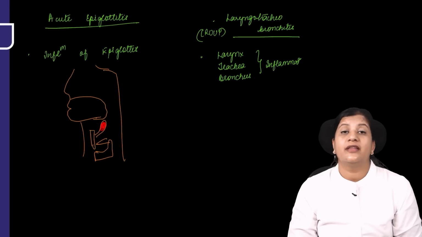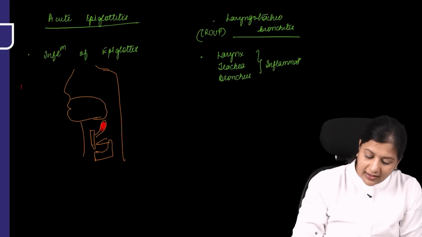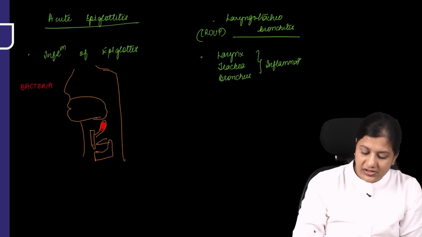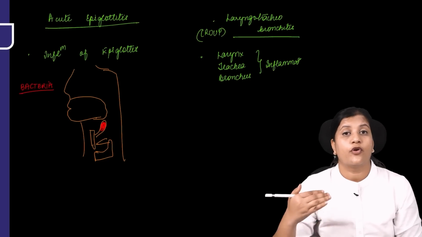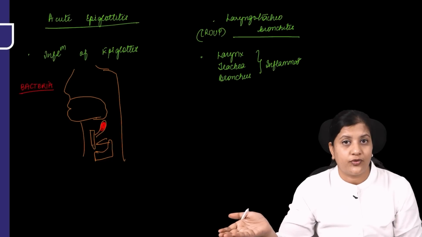So why should there be an infection or inflammation? It is secondary to a bacteria. Initially, we would tell that it is by H influenza, but now we have got vaccination against H influenza.